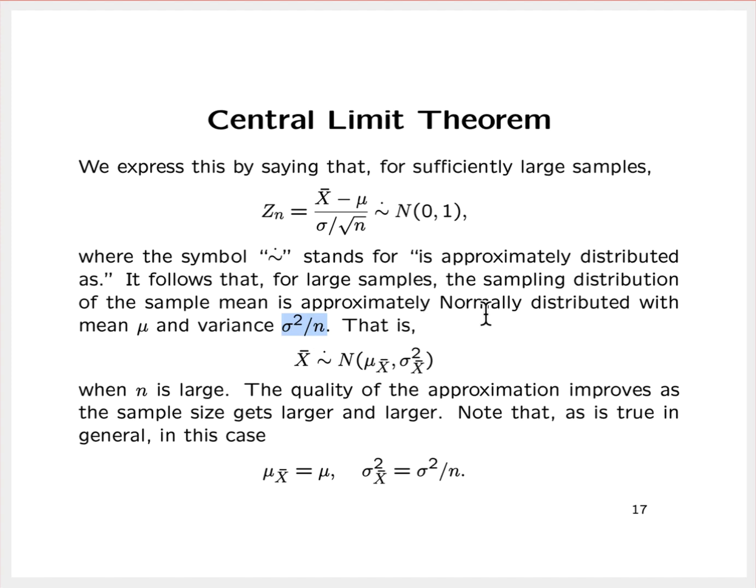So the central limit theorem tells us that x bar itself will be approximately normally distributed when the sample size is large. And in general, the quality of the approximation improves as the sample size gets larger and larger.